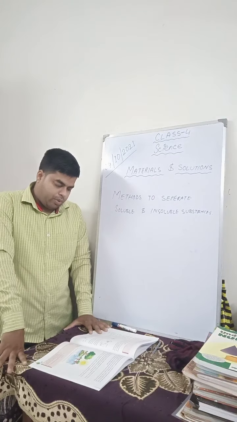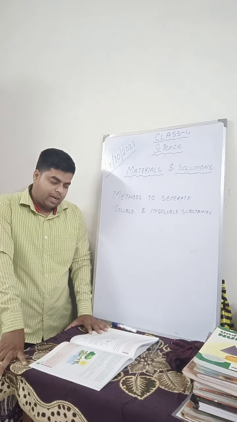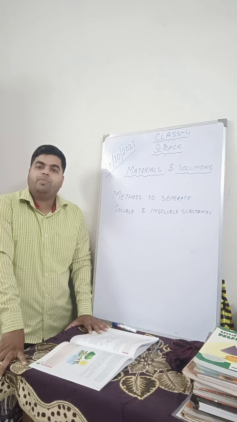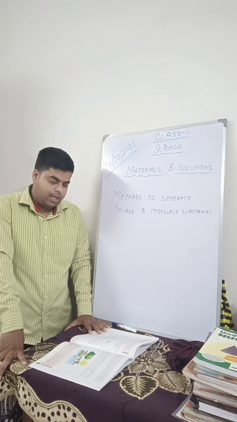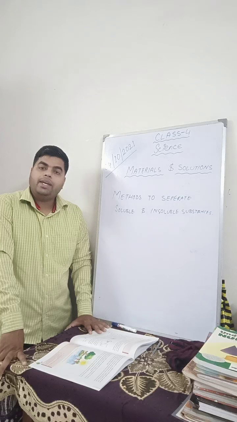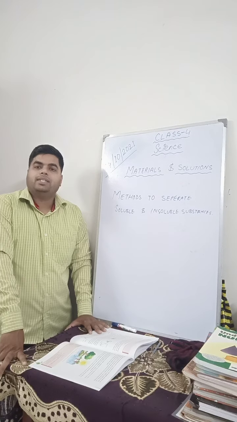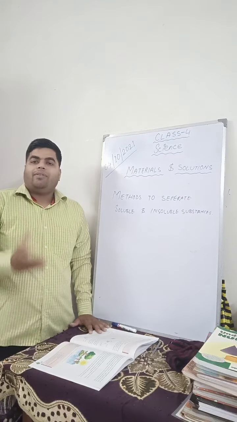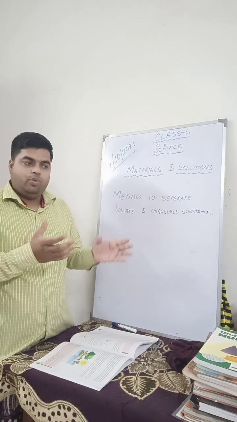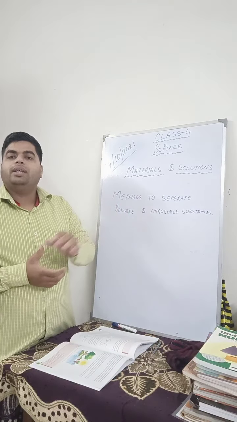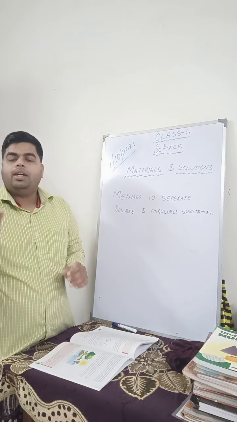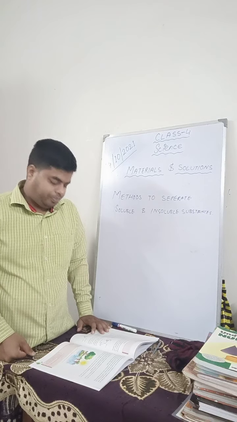So in the decantation process, the clear liquid obtained after sedimentation is poured carefully into another container so that the insoluble substances settled at the bottom do not get disturbed. After the settling of the sediments, the pouring of the clear liquid into another container is known as decantation.